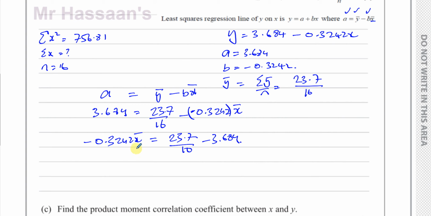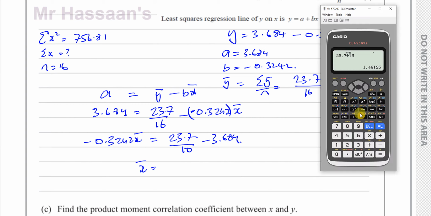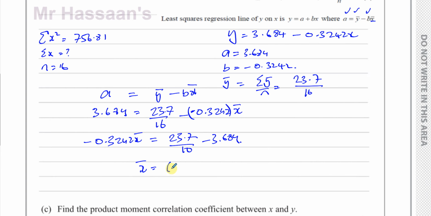So now I can find what x bar is by subtracting these. So I have 23.7 divided by 16, minus 3.684, which gives us a negative number. Divide that by negative 0.3242, and that gives us 6.79441.